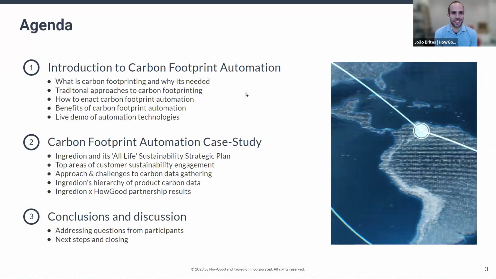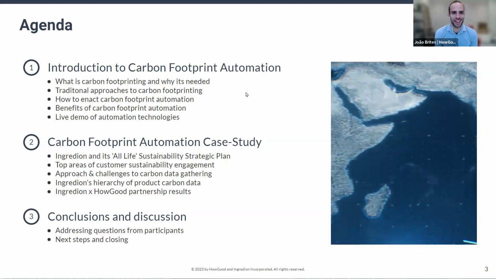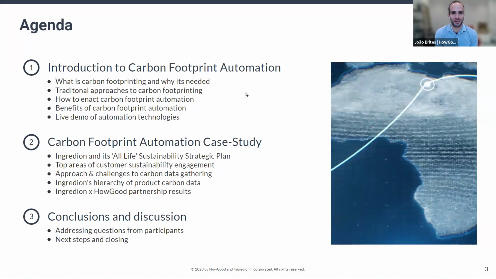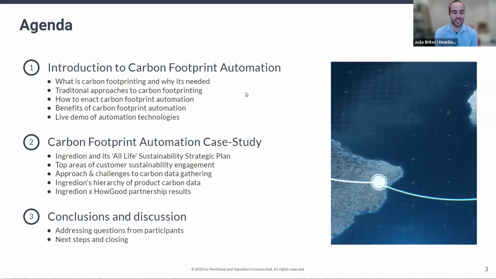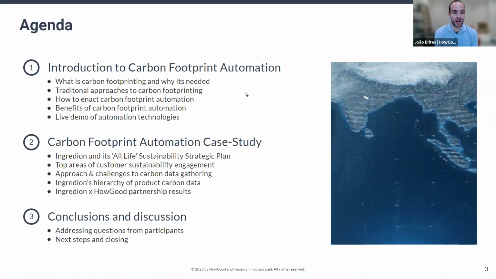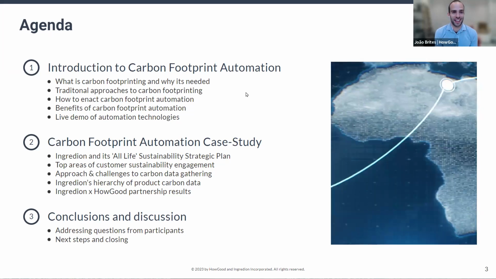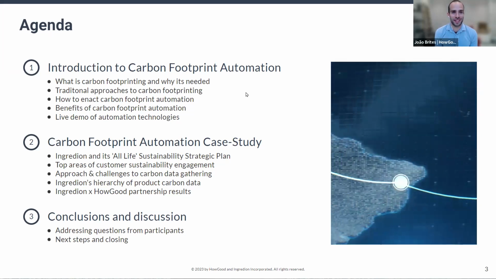I think Brian really brings the real world corporate experience of grounding this strategy and the automation into real practice. And then in part 3, we're going to look at conclusions and discussion, address your questions and share some next steps.